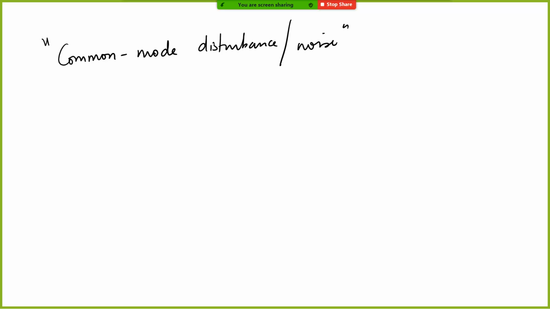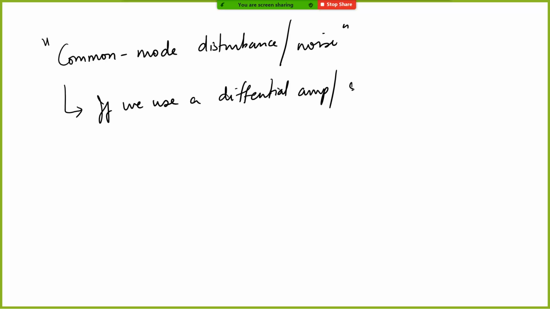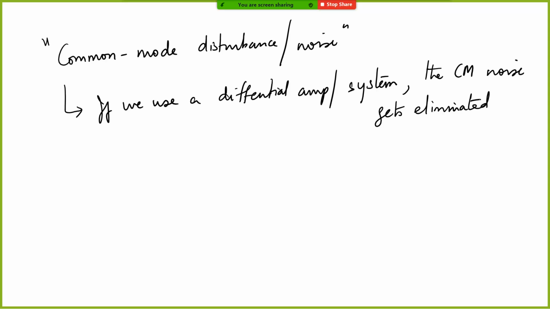And the point with differential signals is, if we use a differential amplifier or a differential system, the common mode noise gets eliminated. Now this common mode disturbance, common mode noise can be anything. It can be a power supply line which is coupling to your signal line. It can be anything else. But what happens is, this differential line, as long as it is symmetrically coupling, if you use a differential amplifier, you can get rid of it.